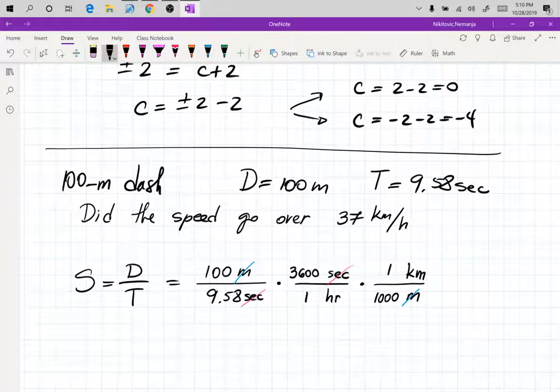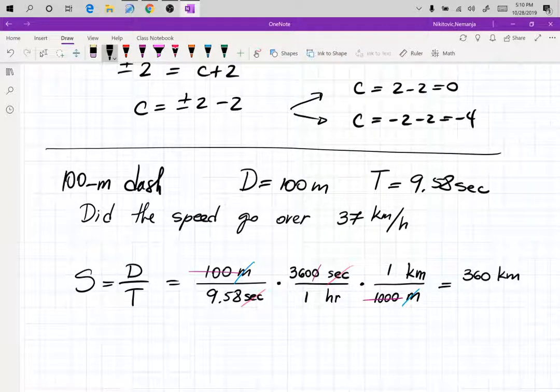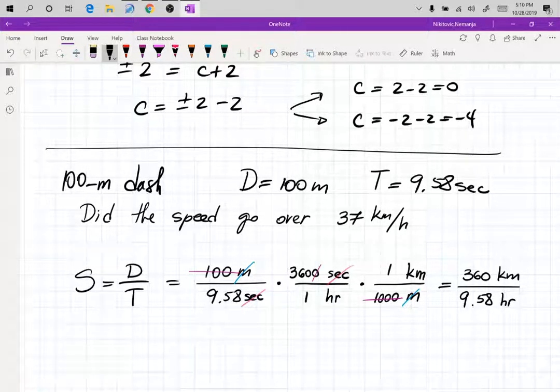So now, you can cancel a whole bunch of these. You can cancel 100 and one of these zeros with 1,000. And you are left with 360 kilometers divided by 9.58 hours.